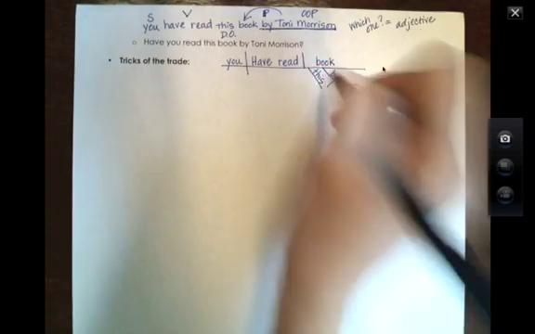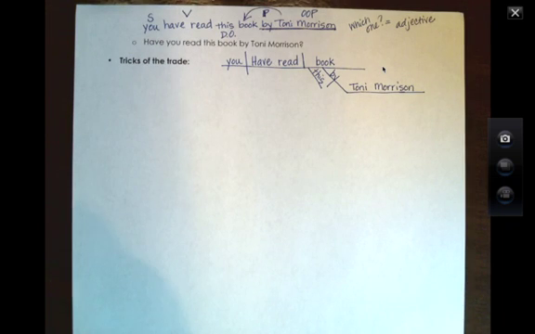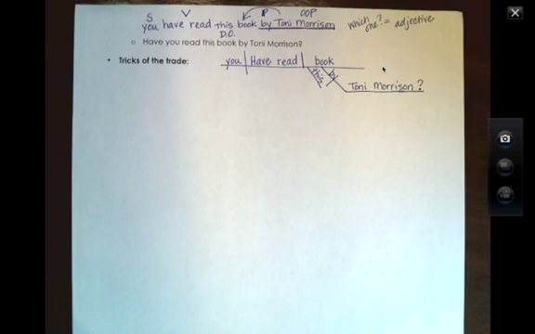You also have the adjective this, and then you are finished, except to put your question mark in after Toni Morrison. I just like to do that so that I know, again, that I've got a question instead of a statement. And then just a few tricks of the trade to go over with you guys.